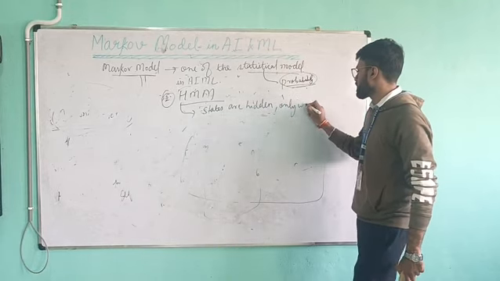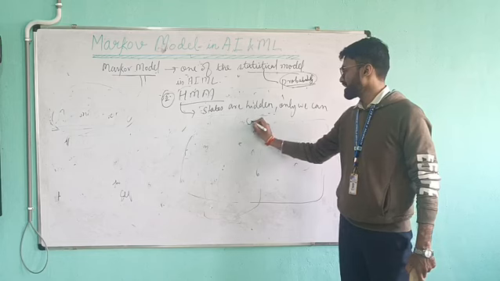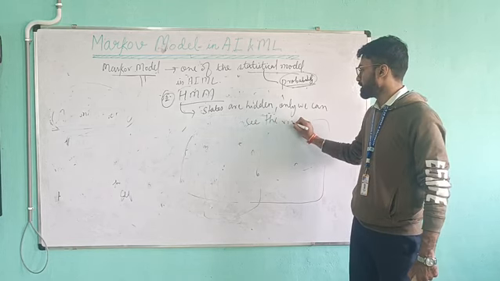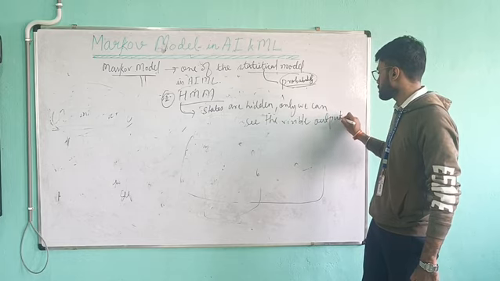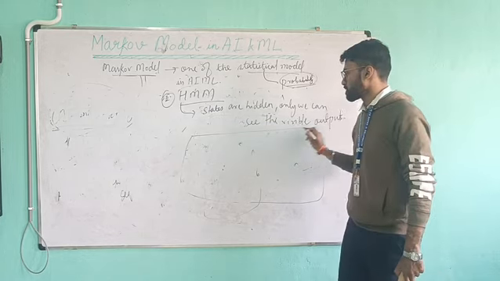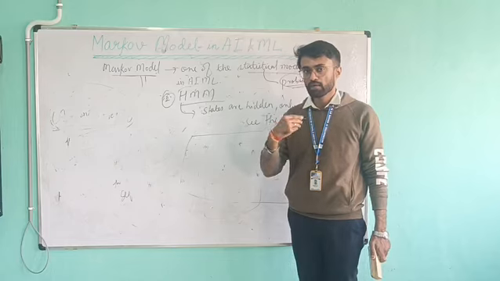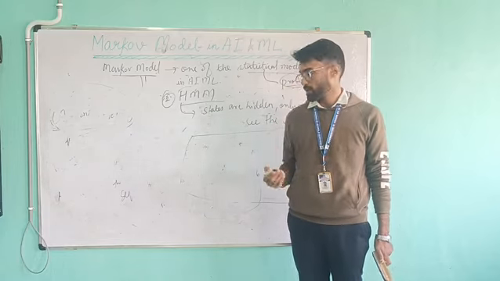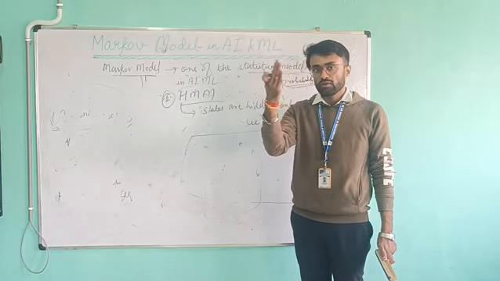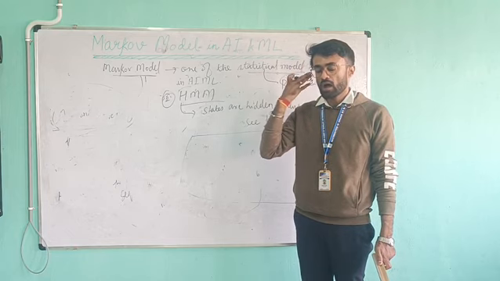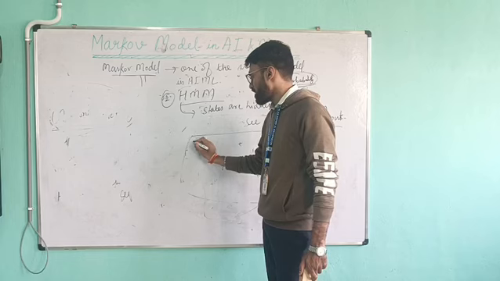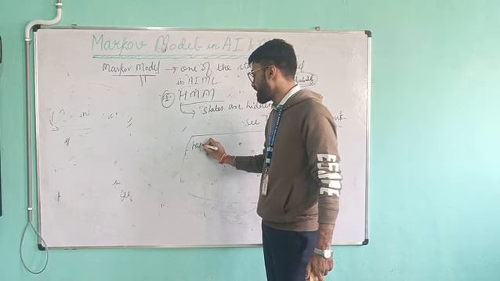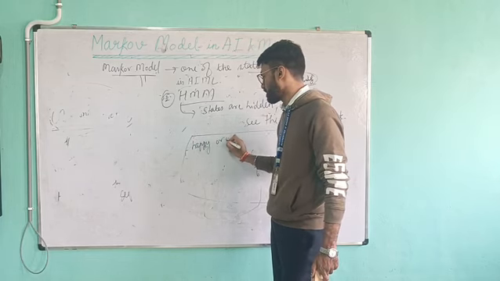We can only see the visible outputs. It means that whenever I am speaking in front of this camera, no one can identify how I am. The camera cannot identify, or any person cannot identify, whether I am happy or sad.